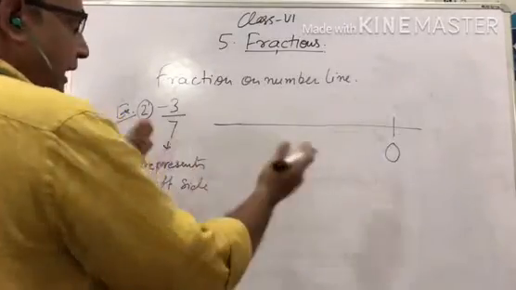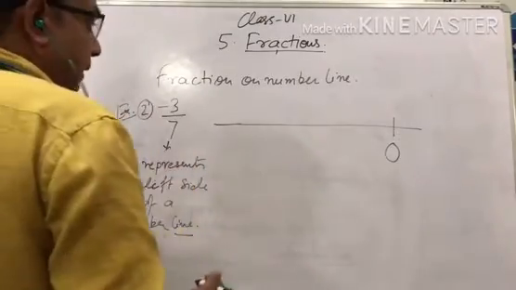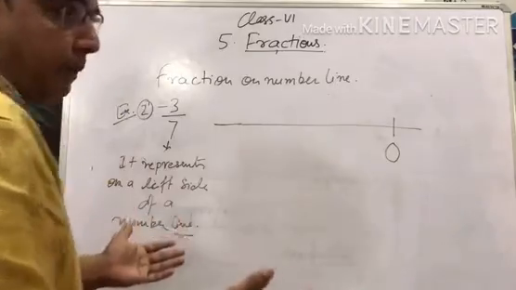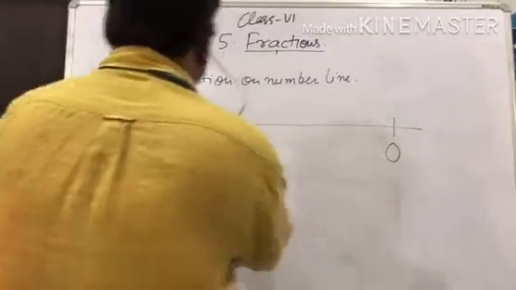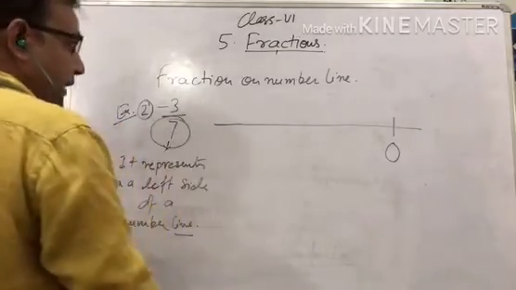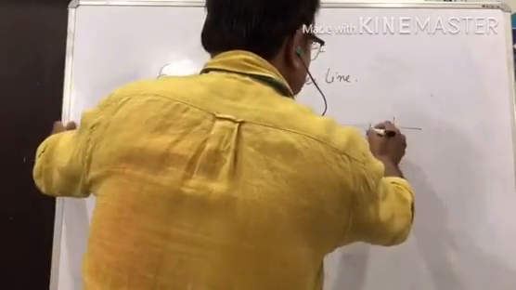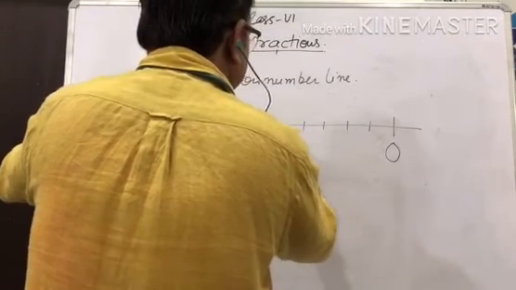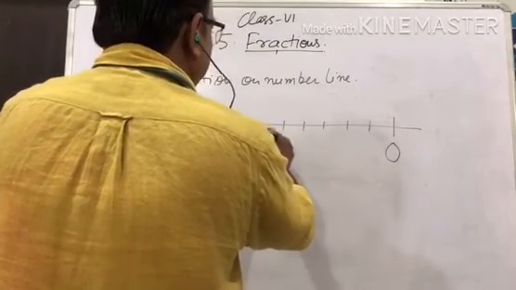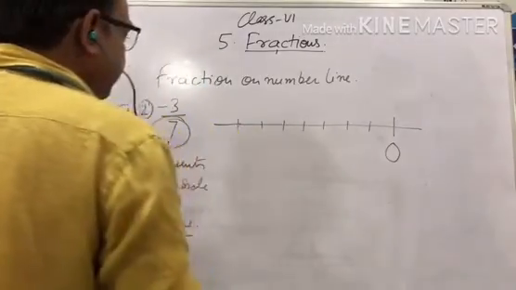Then it is easy to represent this number because our copy is not very big. What is the denominator? The denominator is 7. Then you make 7 equal divisions: 1, 2, 3, 4, 5, 6 and then 7.